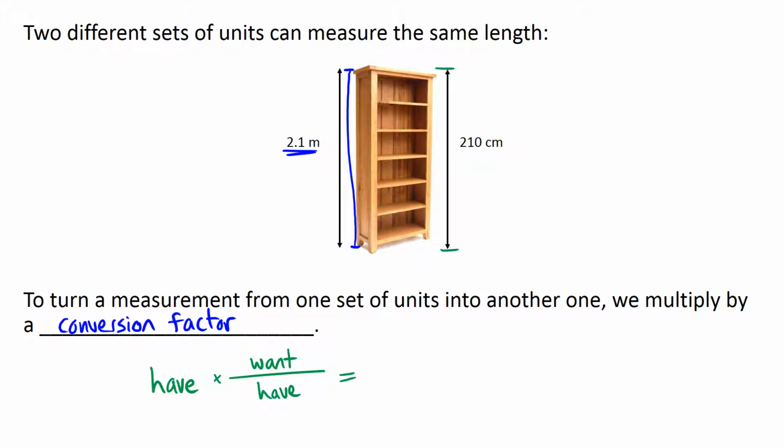And what that's going to do is give us the units that we want. So we start with the measurement that we have, we multiply it by a conversion factor with the units we want over the units we have, and that equals the units that we want. And so let's do an example here on the next slide.